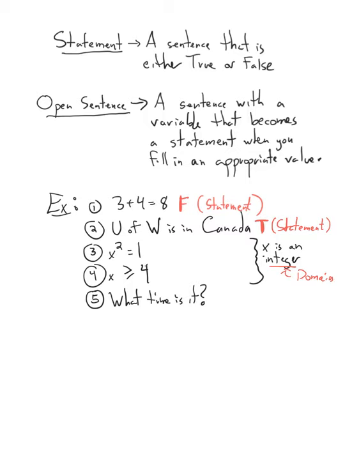And the first one is x squared equals 1. So we have to ask, well, what integers can we plug into this so that it is true? Well, we know 1 times 1 is 1, so it's true when x equals 1. But it's also true when x equals negative 1, because negative 1 times negative 1 is positive 1. So it's true for two values, for 1 and negative 1.